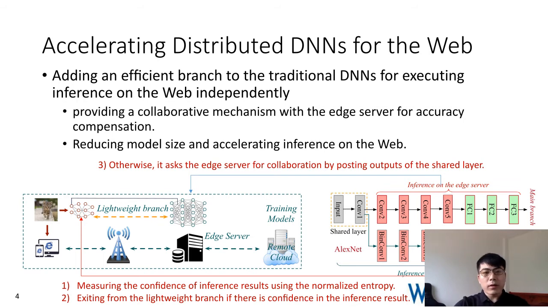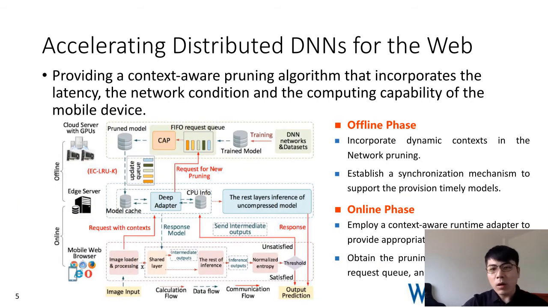Slide 6. Furthermore, we also consider that in actual scenarios, user requirements for delay, network conditions, and the computing capabilities of devices may change dynamically. So a constant lightweight branch or traditional DNN compression network cannot meet the requirements. Thus, this requires providing a context-aware pruning algorithm that incorporates the network condition and the computing capability of the device.